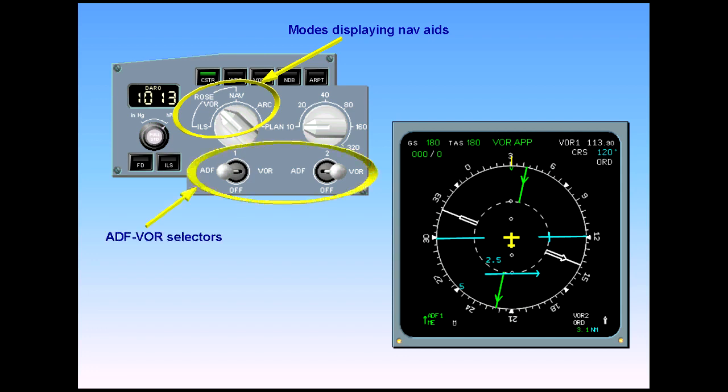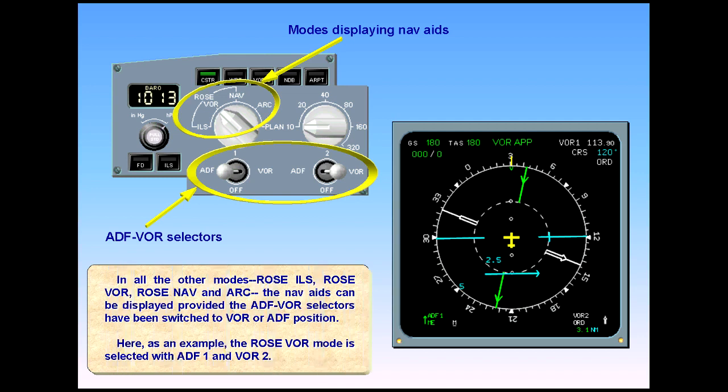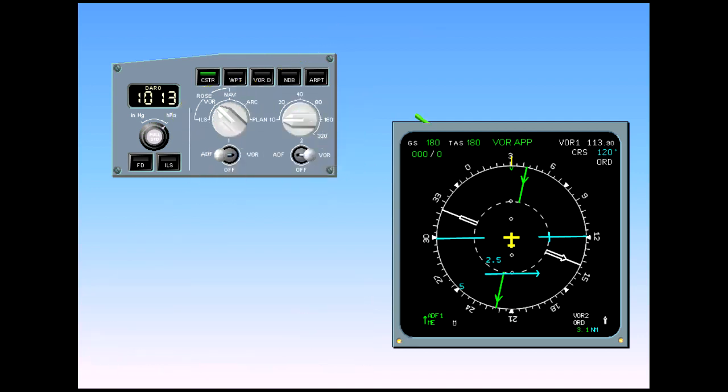Here, as an example, the ROSE VOR mode is selected, with ADF 1 and VOR 2. The ADF is shown as a green pointer, here ADF 1. VORs are white pointers, in this example VOR 2.